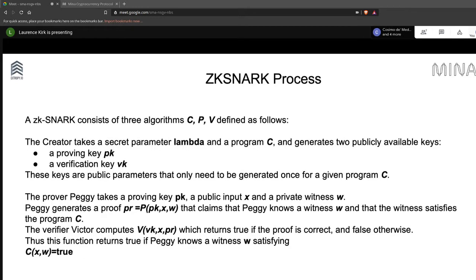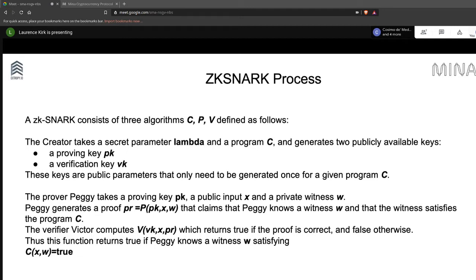In zero-knowledge, and if you're doing a ZK SNARK, we generally have a trusted setup. Although, as we shall see, Mina doesn't have this, and this is a great advantage. But usually there is this stage called a trusted setup, and this is because to create our keys, we have to use a secret parameter, lambda, in this setup.